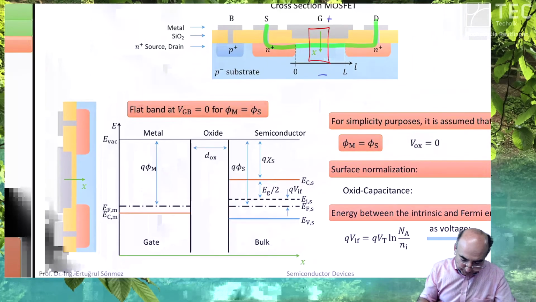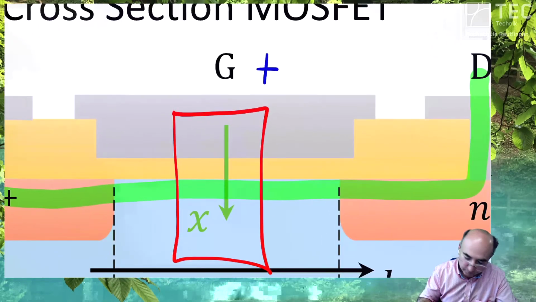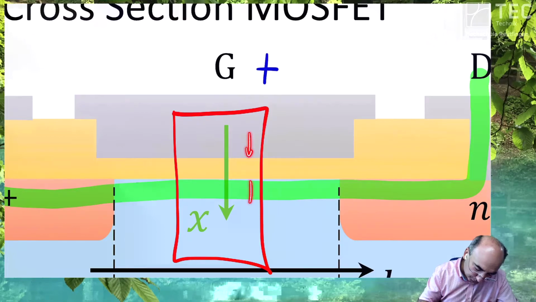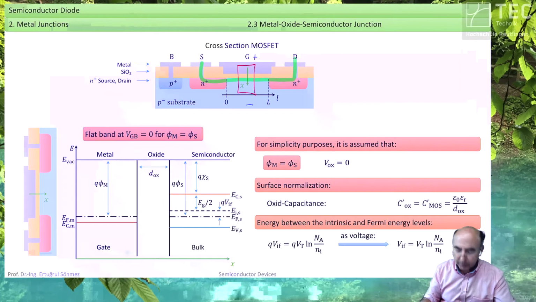And the additional value depicted is the electron affinity of the semiconductor, and the thickness of the oxide, this dox. I hope now all of you are synchronous to the content of this slide.